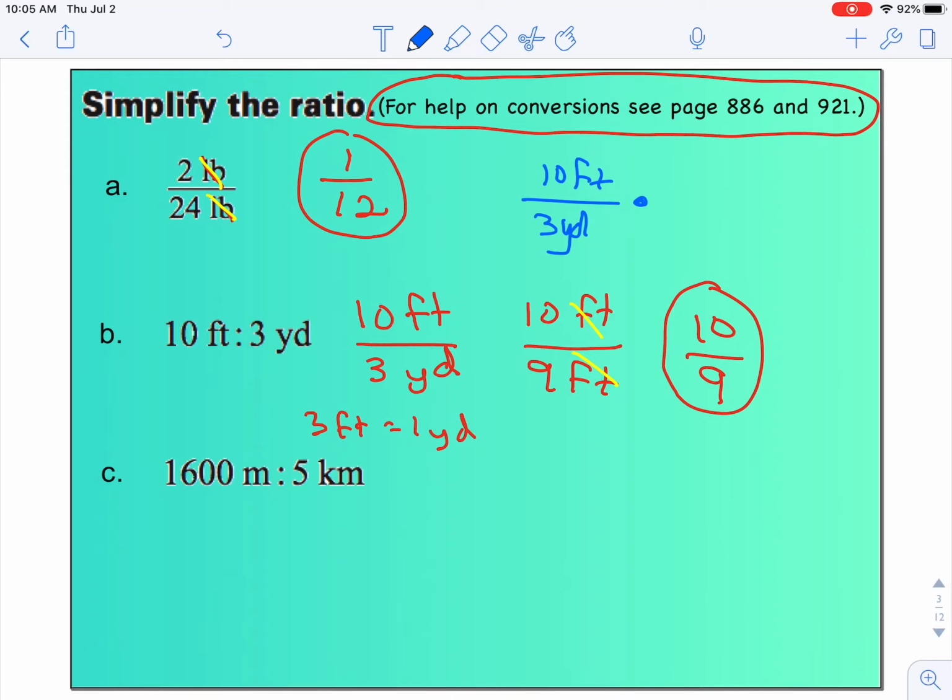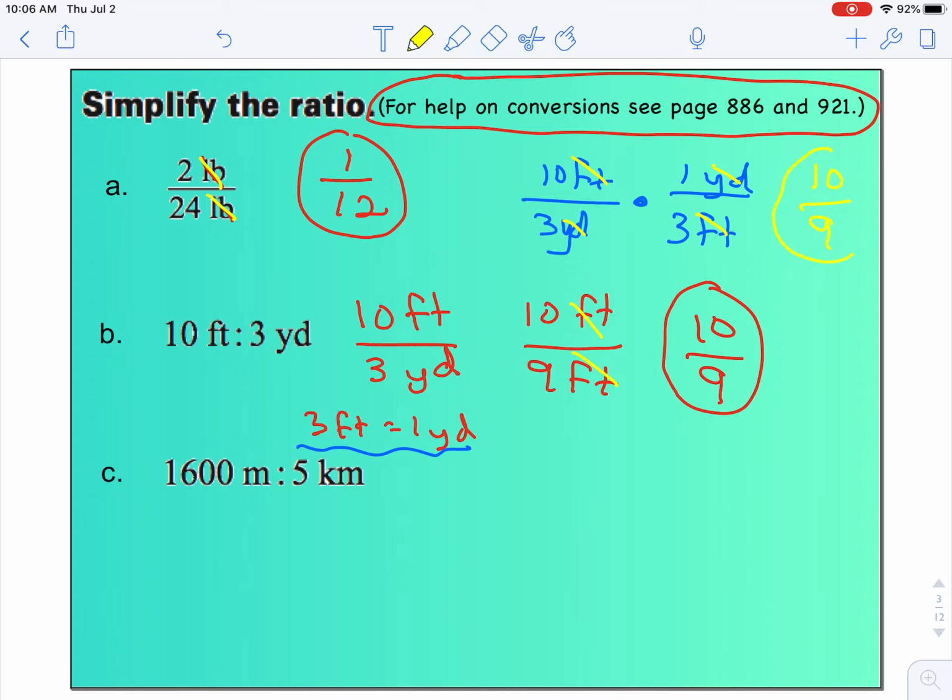We already said that there were 3 feet in 1 yard. So we're going to put the 3 feet down here and the 1 yard up here, because now we're multiplying, we can cross cancel these units diagonally. And so then that gives us a ratio of 10 to 9.